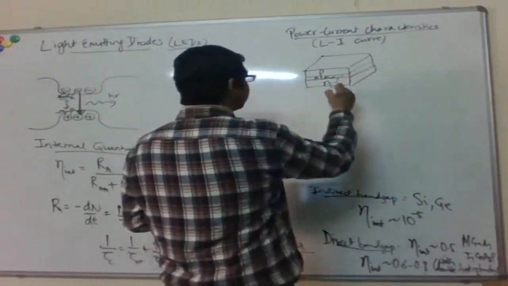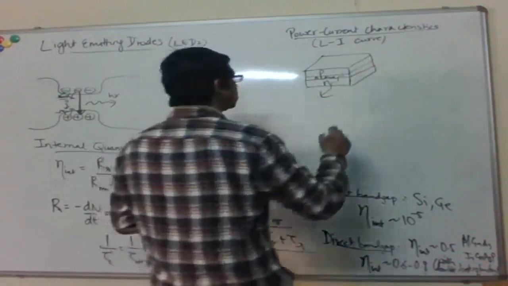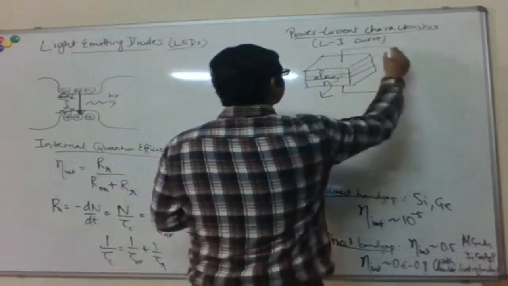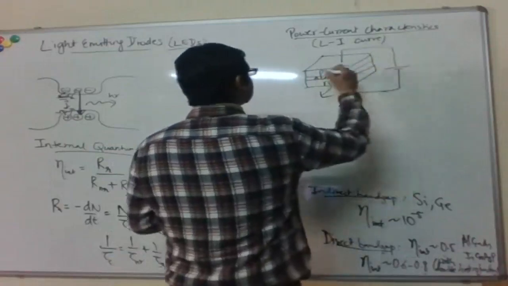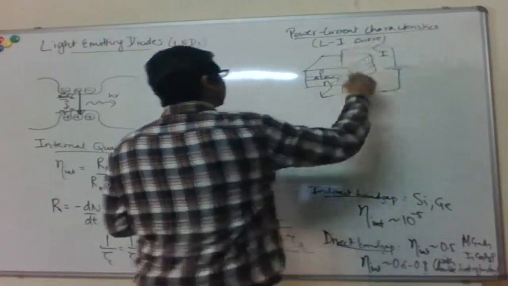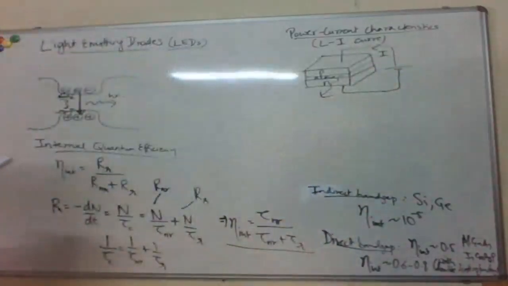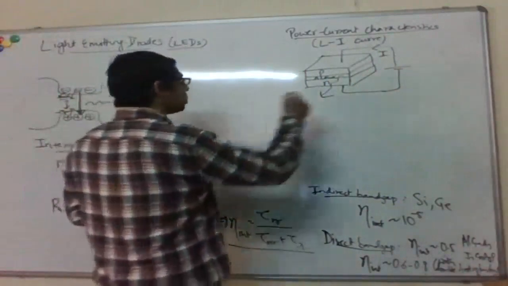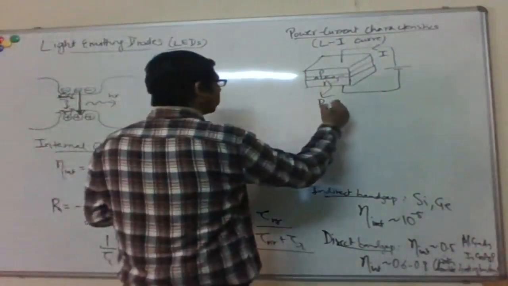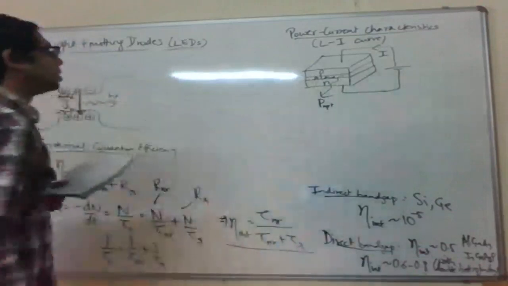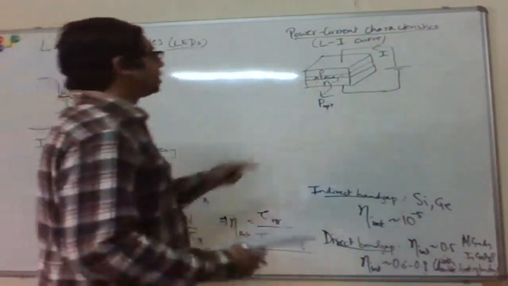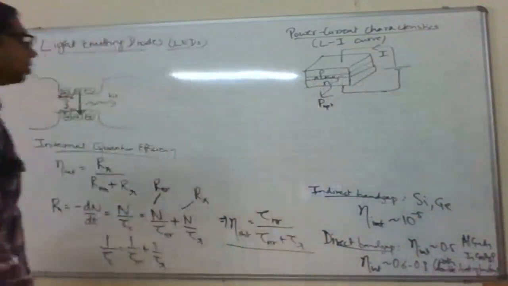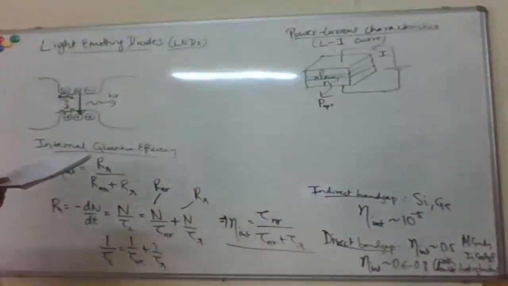And recall that the light is being emitted from the active region. So we pass a current like this, we forward bias the PN junction, and we inject a current I. So there is some optical power P out coming out of the device. So we want to know, for a given amount of current I, how much optical power we are getting out. That is what we are interested in finding.